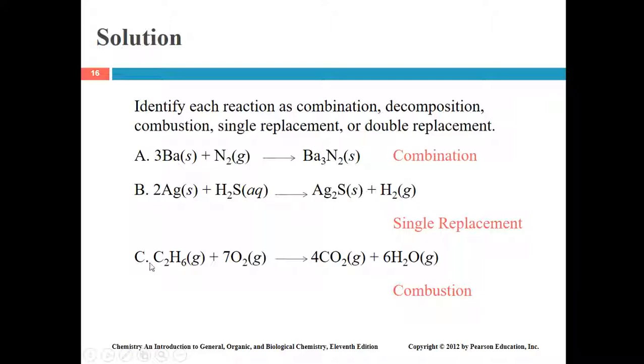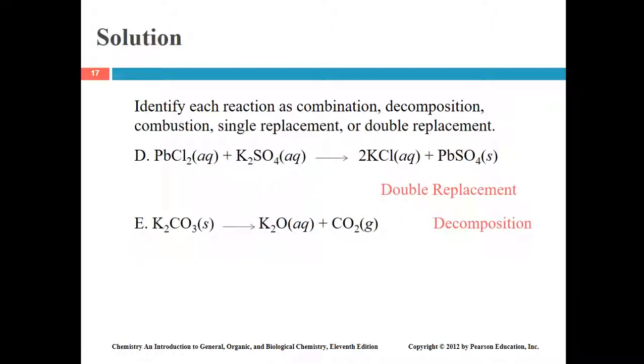On this one, we have a carbon-based compound, and you'll notice oxygen is a reactant, and the two products are carbon dioxide and water, so that is combustion. On D, we have a compound, we have another compound, and you will notice that the first item on each switches places.